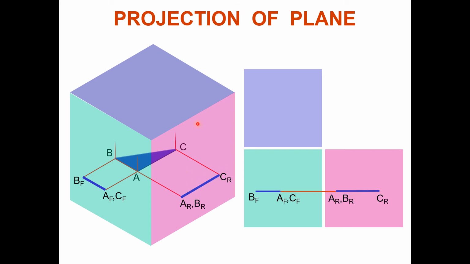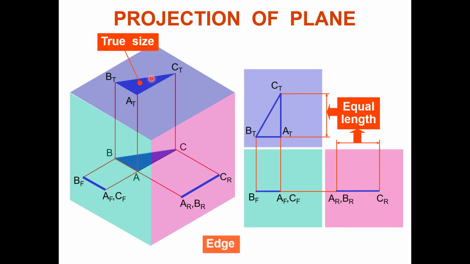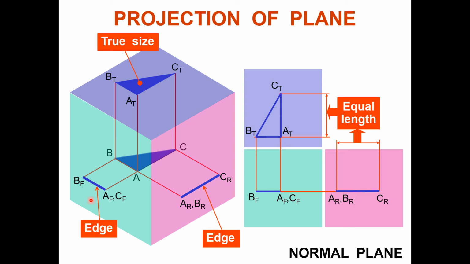When you see from the top side, you will see a surface. From the top you are getting the true size. From the front side you will see only this length, that is the edge. Similarly from the right side, an edge.